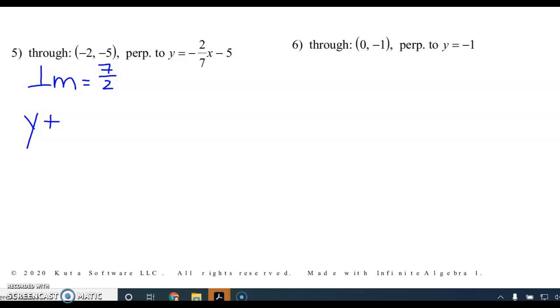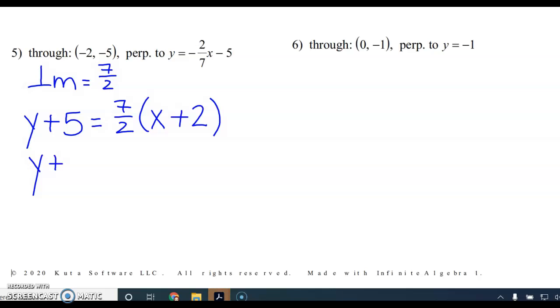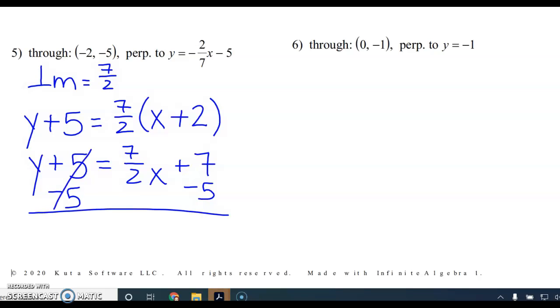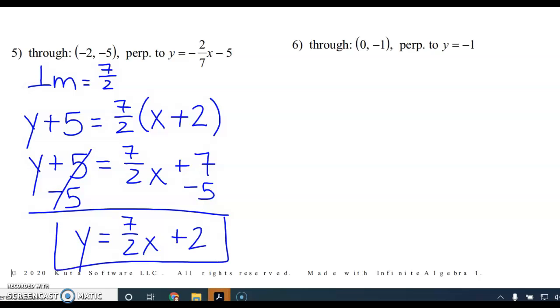So y minus negative 5 goes y plus 5 equals slope 7 over 2 times x minus negative 2 goes x plus 2. Distribute, y plus 5 equals 7 halves x plus 7. To get rid of the plus 5, we subtract 5. So we're sitting at y equals 7 halves x plus 2, it would be 7 minus 5.